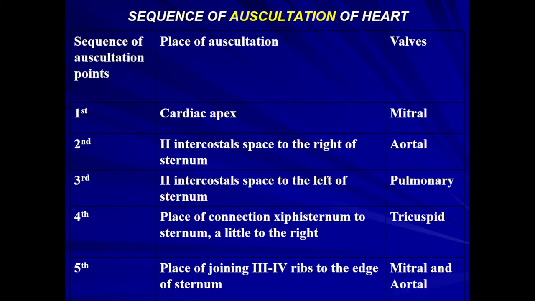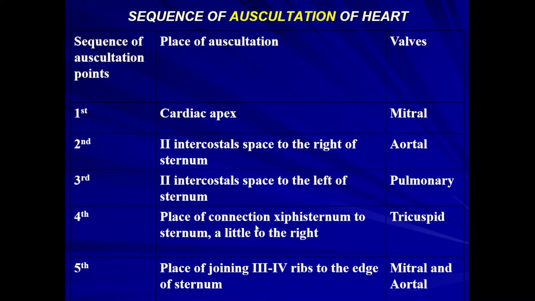First, on the cardiac apex, it corresponds to the mitral valve. In the second intercostal space to the right of the sternum, it's more according to the aortic valve. In the second intercostal space to the left of the sternum, it's more according to the pulmonary valve, the valve of the pulmonary artery.